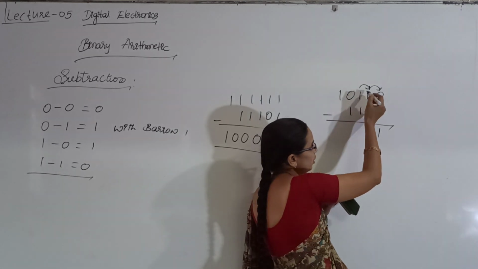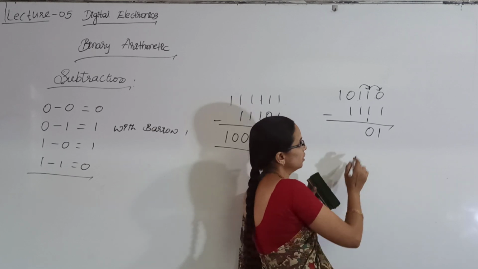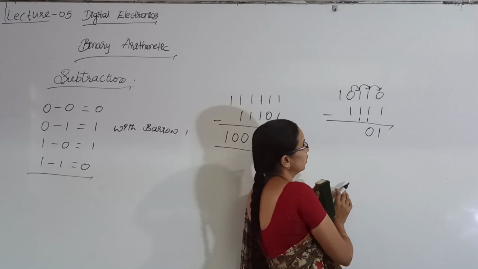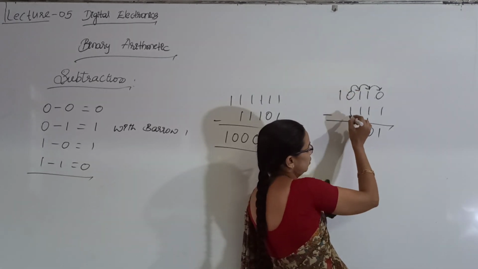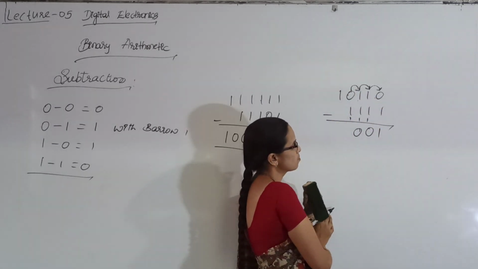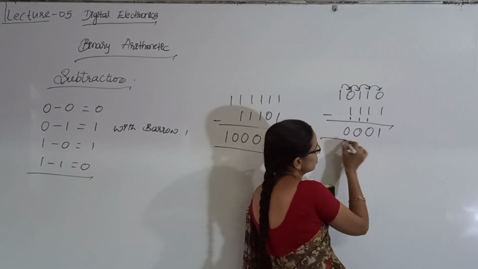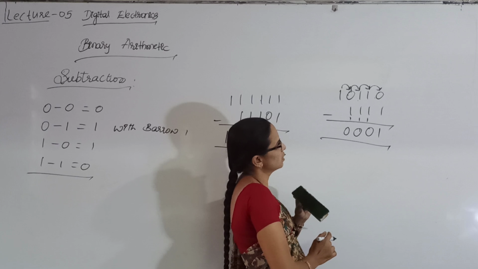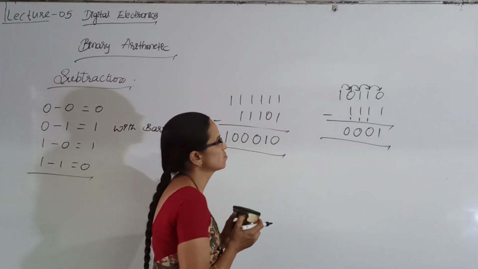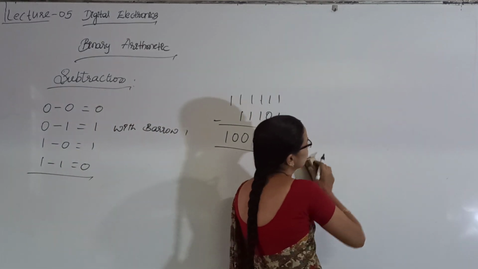So again it will be 2 minus 2 is 0, right? Again you have to take borrow, 2 minus 2 is 0. Is that a right answer? Just verify it. Yes, it's wrong. I will do once again.